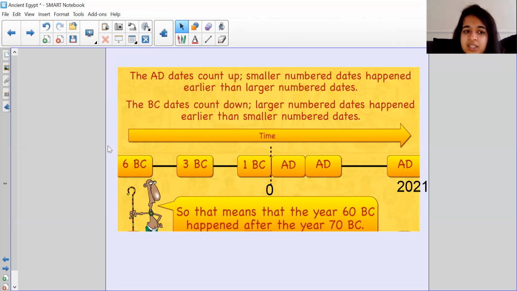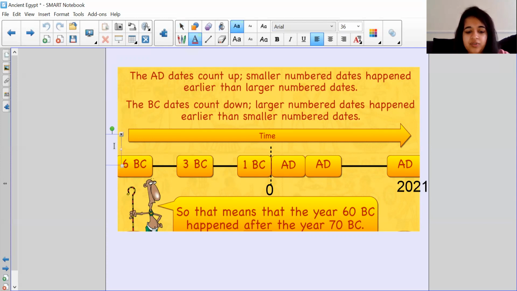So for example, over here, you've got the year 2021, and then after the year 2021 came the year 2020. And then after the year 2020 came 2019. So these dates were counting down until they reached 0.